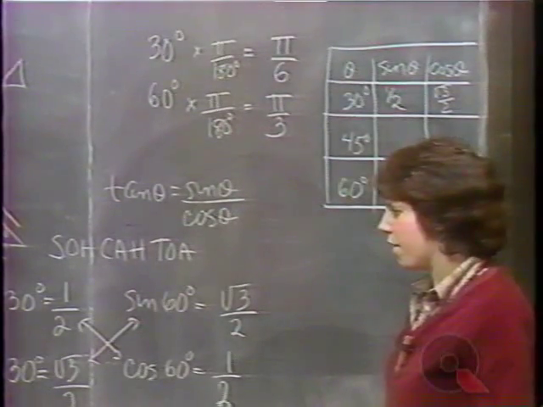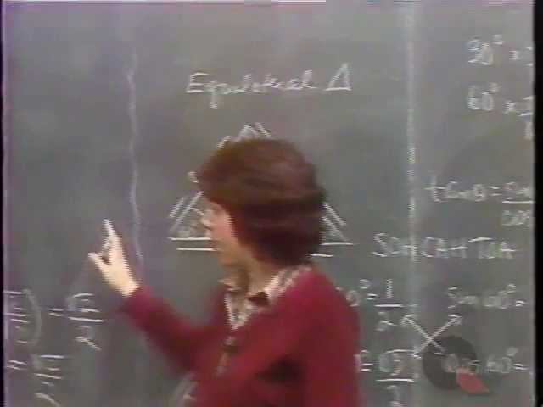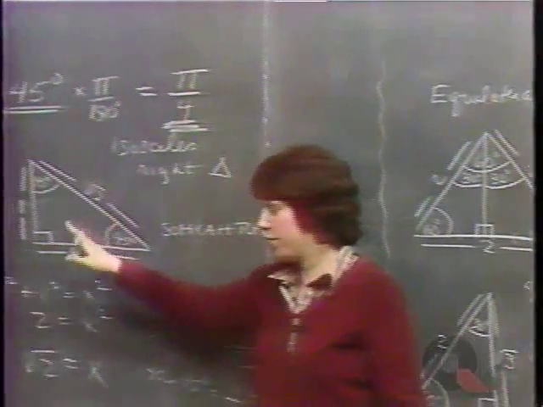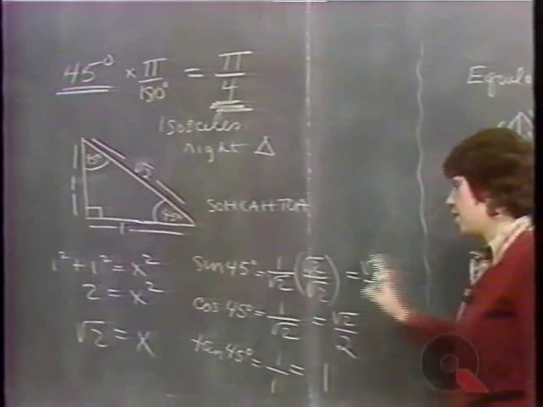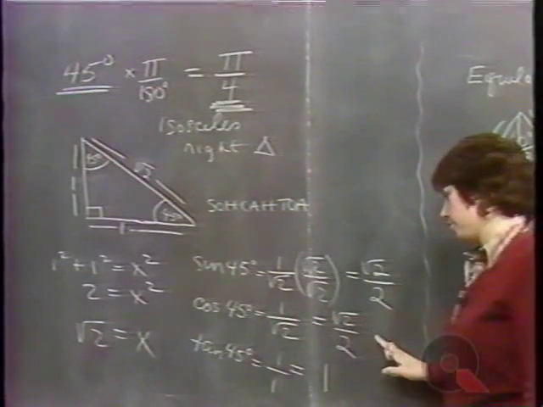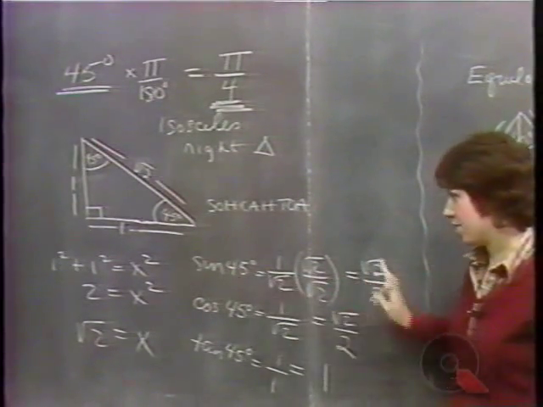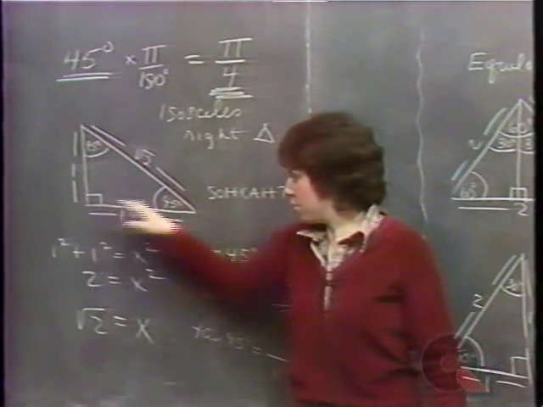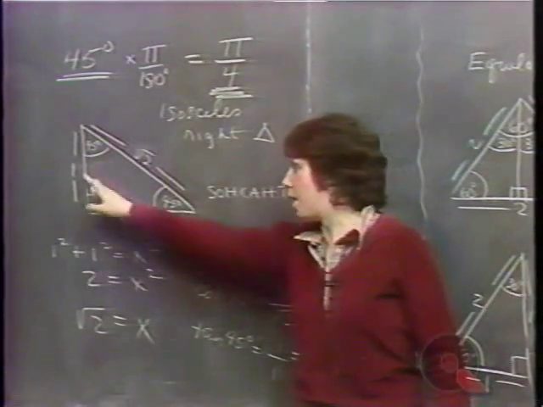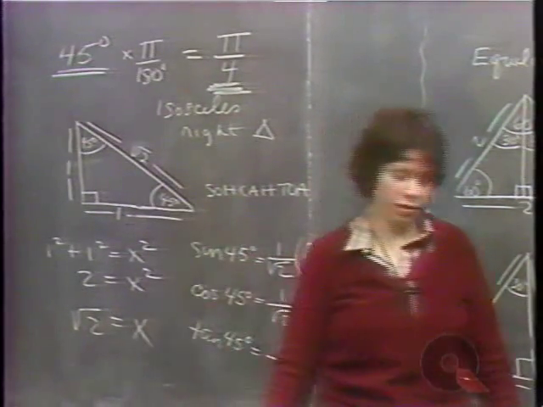For 45 degrees, let's go back over here for a moment. Remember when we had the 45-45-90 degree right triangle? The sine of 45 degrees was equal to the cosine of 45 degrees. Both of them were the square root of 2 over 2. Notice that the sine and the cosine came out the same. Of course, it must be true this way because these two sides had the same length. So sine, which was opposite over hypotenuse, came out the same as cosine, which was adjacent over hypotenuse.